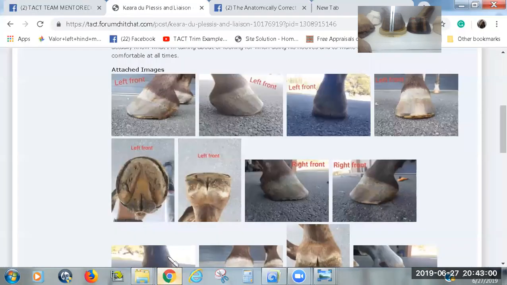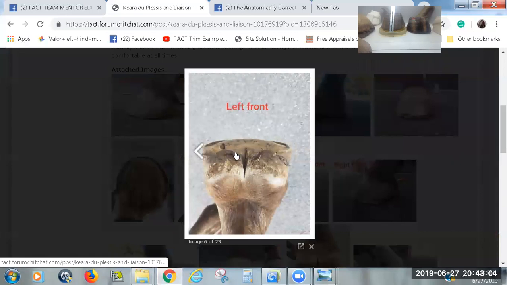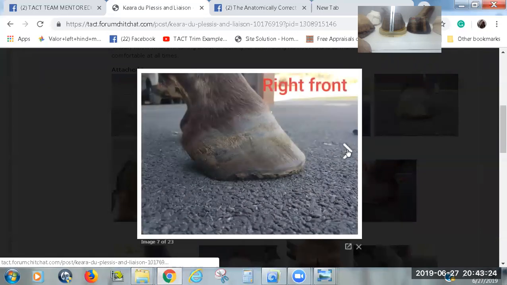And see if we look over here, you haven't got anything in there. And you haven't got any heel. And also another thing that happens when the heels are trimmed out, this bulb skin will be stretched down like this too. So let's just go through these pictures.